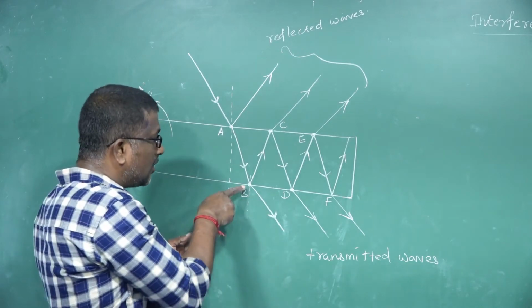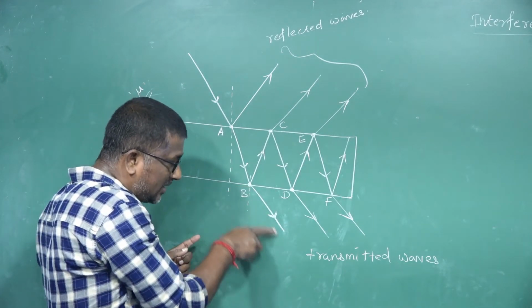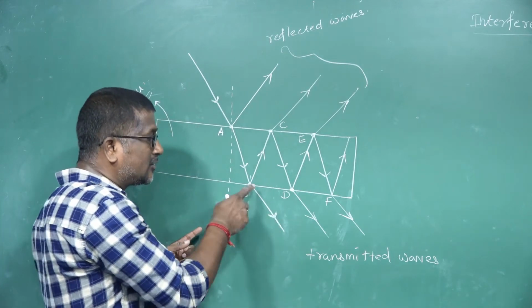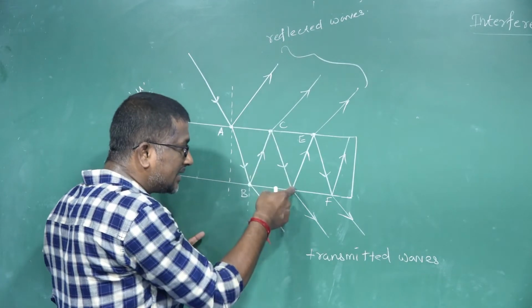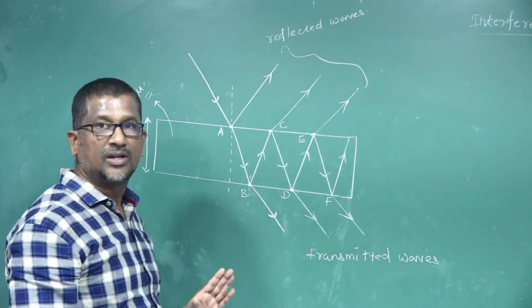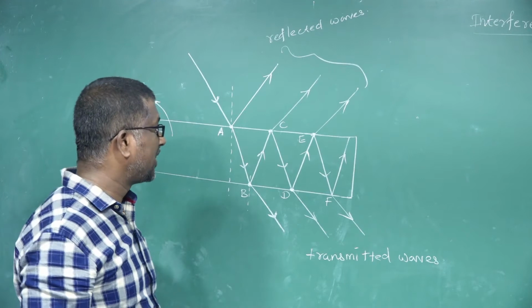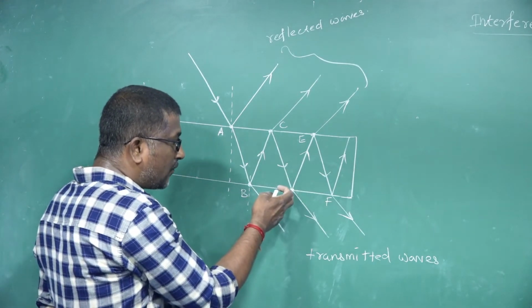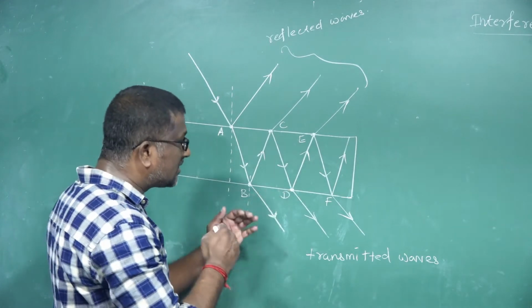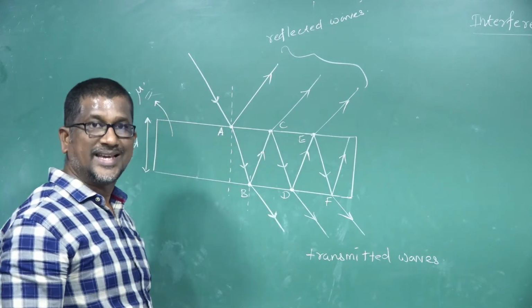After splitting, one of the transmitted waves travels in this direction, and another transmitted wave travels along BC and then CD and emerges out from the thin film. Right? Here the transmitted wave from the point D travels an extra path.